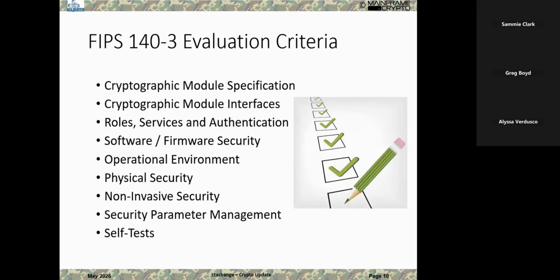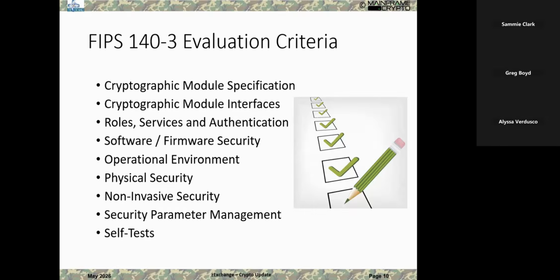If we go to slide 10, this list of things that they evaluate is pretty much the same list of things that were evaluated with FIPS 140-2. It hasn't really changed.